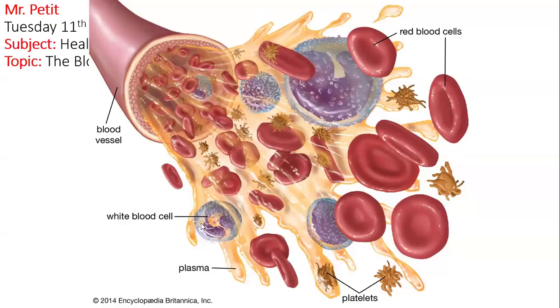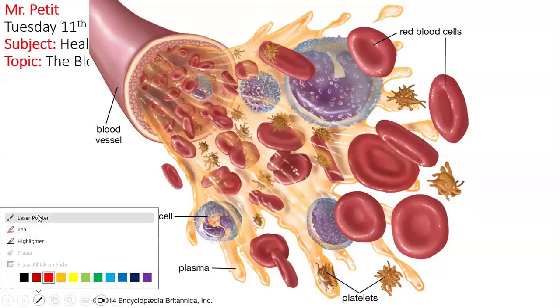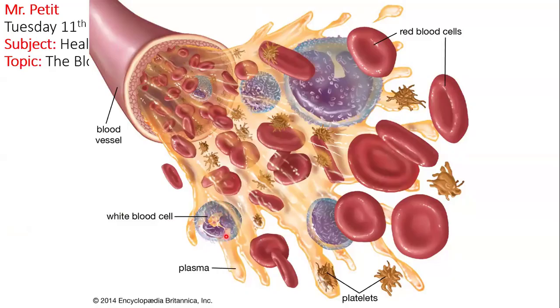This one right there is the leukocytes, the white blood cells. What do the white blood cells help to do? Fight off diseases and germs. And we have these cells. What do you call them? Red blood cells.